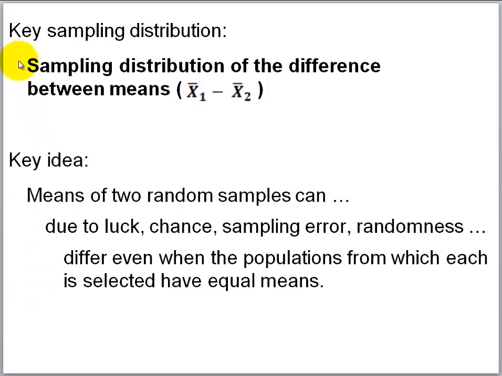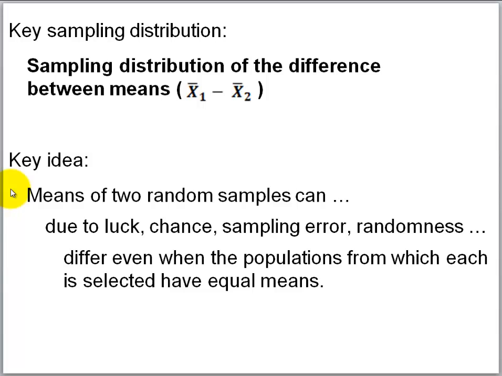So the key sampling distribution that we have been working with has been the sampling distribution of the mean. The sampling distribution that's important in the independent samples t-test is the sampling distribution of the difference between means. Now we're not going to go into the math or computations of this sampling distribution, but the key idea is that the means of two random samples can differ due to luck, chance, sampling error, randomness.